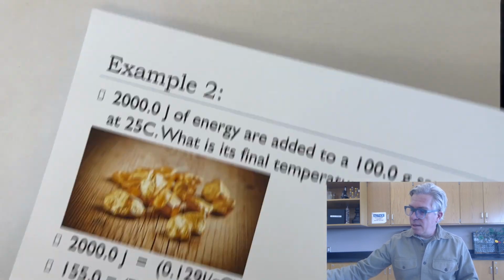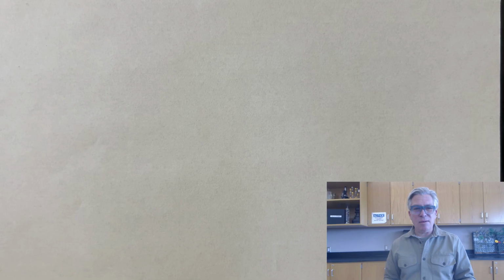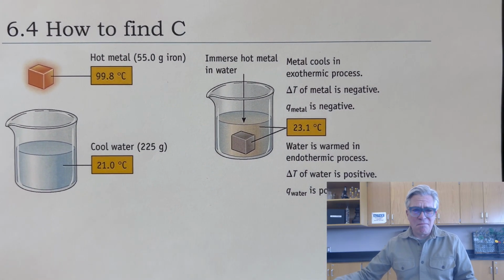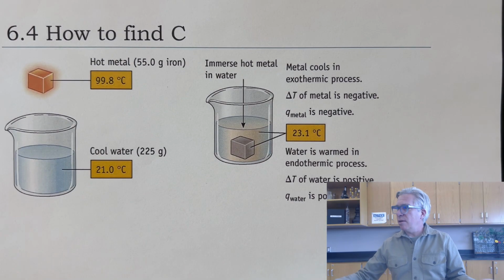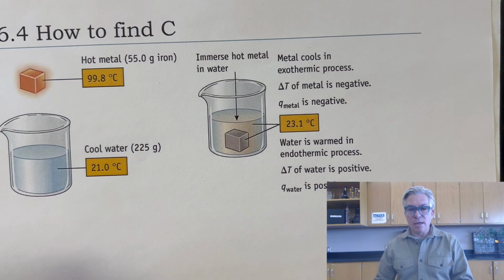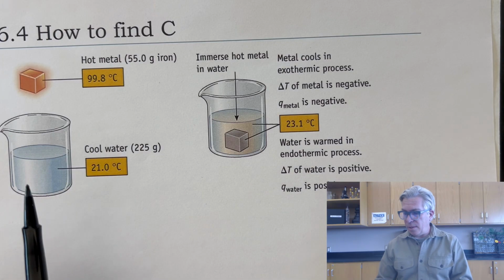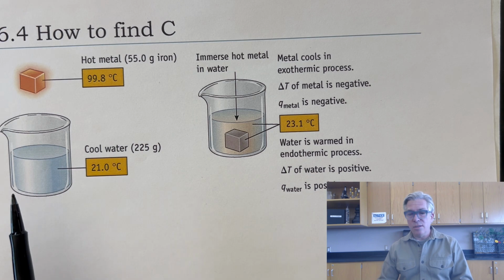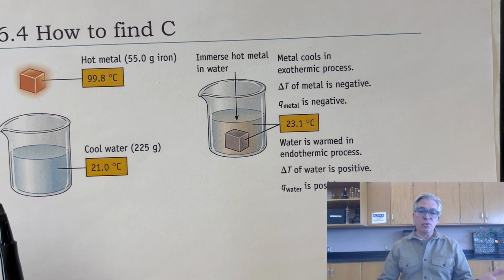Okay, and now a lot of you probably know this, but some of you might be wondering, how do they figure out what these heat capacities are? Like, how does anybody know how many joules it takes to change their temperature? So what we do is we compare it to something that we do know, and usually that's water. Water is known to have a heat capacity of 4.184 joules per gram degree.